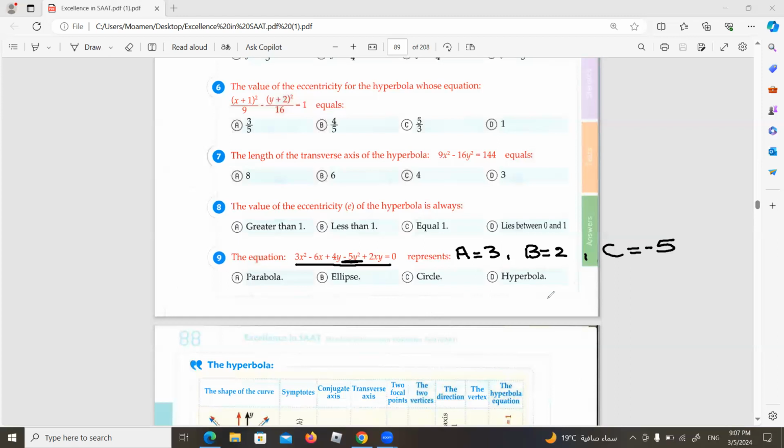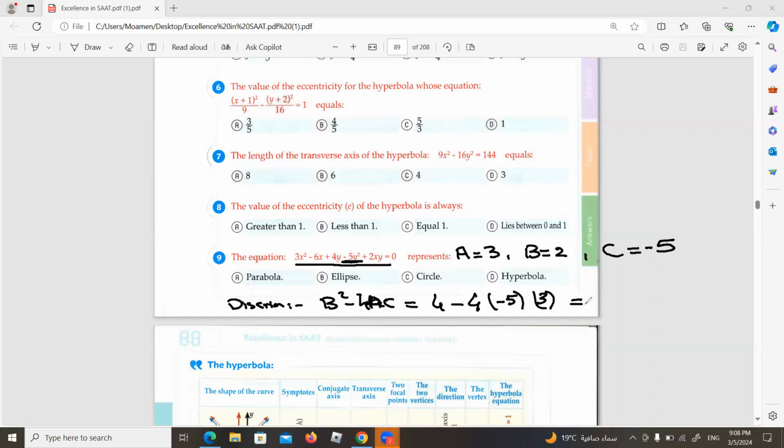We're going, Mister, to get the discriminant now. Our discriminant will be b squared minus 4ac. It means 4 minus 4 multiplied by negative 5 multiplied by 3.